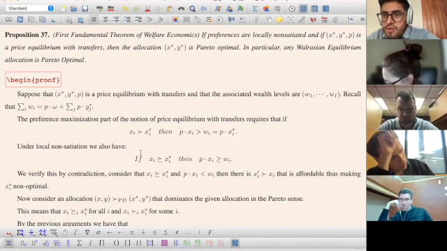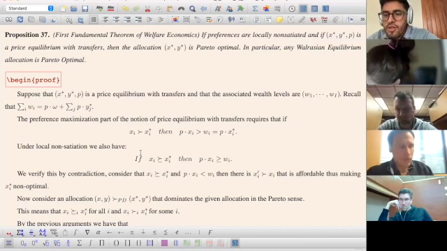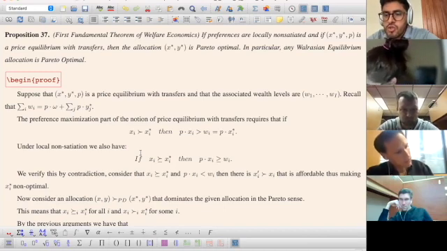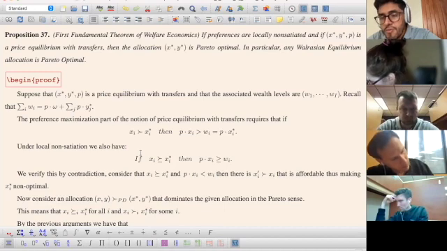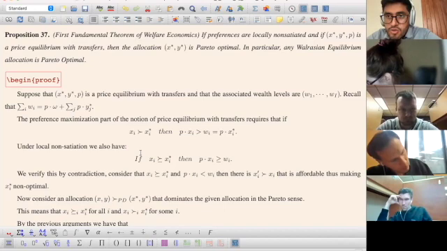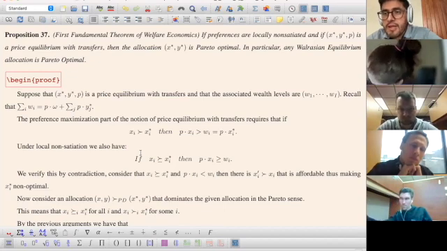Of course, this is wrong because local non-satiation is yet again a sufficient condition. It is not a necessary condition. So there may be economies under which local non-satiation fails, yet they are Pareto optimal, okay? But also, when local non-satiation fails, you can have economies which fail Pareto optimality.